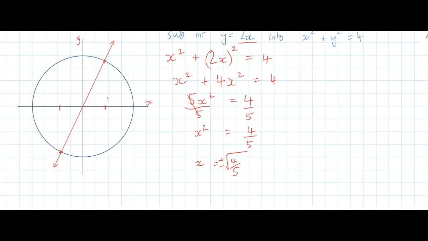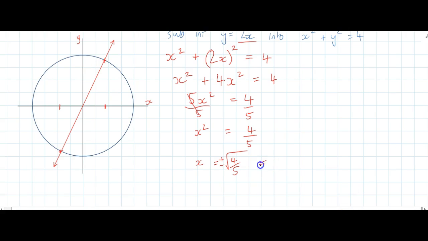Let me just finish this. It's not actually in its most simple form because the square root of 4 is actually 2. So 2 over square root of 5, if you remember your surds. So this will be the positive 2 over square root of 5, and this will be the negative 2 over square root of 5. So that's where these points are.